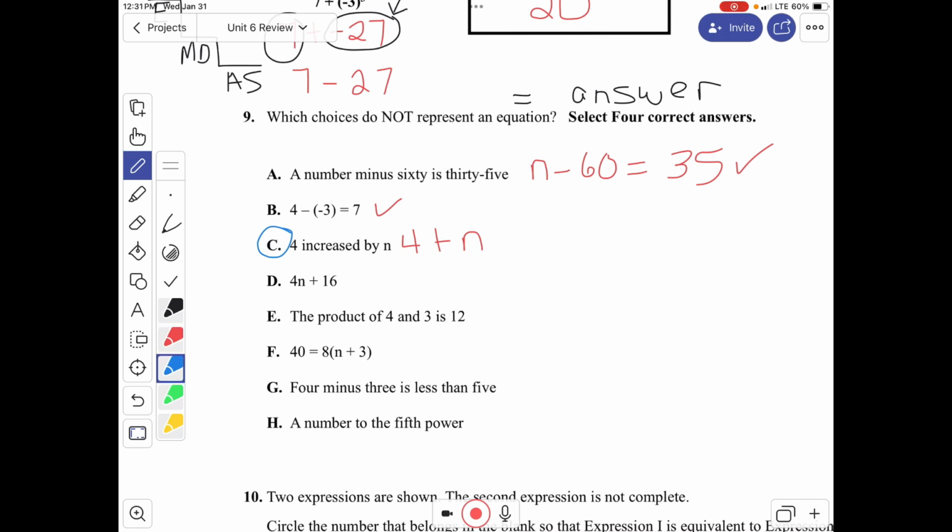The next one, I don't see an equal sign. And then E says the product. Product means times. So the product of 4 and 3, 4 times 3, is 12. That is an equation.